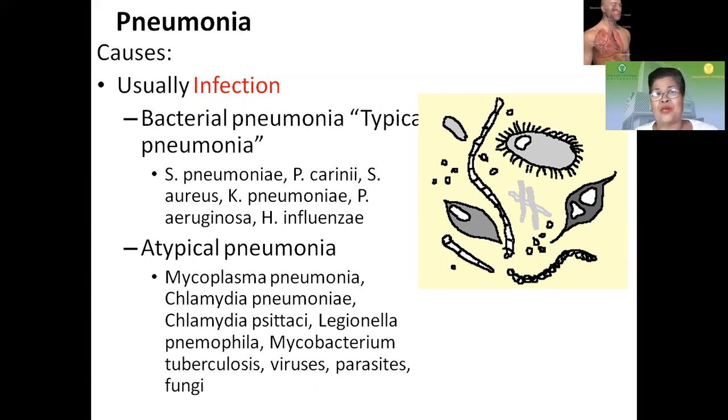So that is secondary to microorganism. It could be bacterial pneumonia or typical pneumonia and atypical pneumonia. And the most common cause of typical pneumonia is Streptococcus pneumoniae, while that of atypical pneumonia is Mycoplasma pneumoniae.